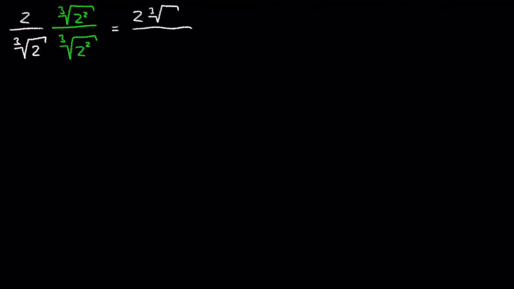Two over the third root of 2. After multiplying with the third root of 2 to the 2, we get 2 times the third root of 4 over the third root of 2 to the 1 times 2 to the 2.